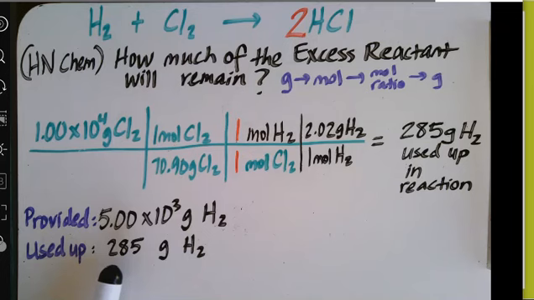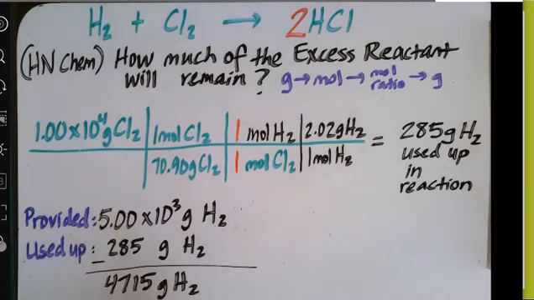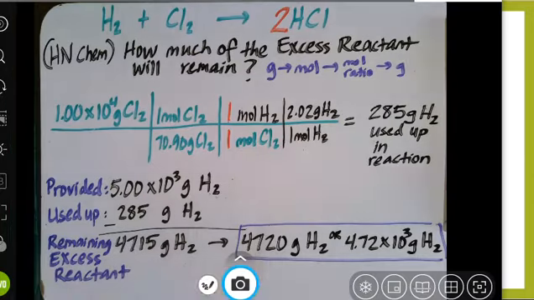Go ahead and use your calculator to do that now. This is the calculated answer. Remember to convert to significant digits. 4,720 grams of hydrogen, or 4.72 times 10 to the power of 3 grams of hydrogen, remain. Now you are ready to complete the rest of the limiting reactants worksheet.